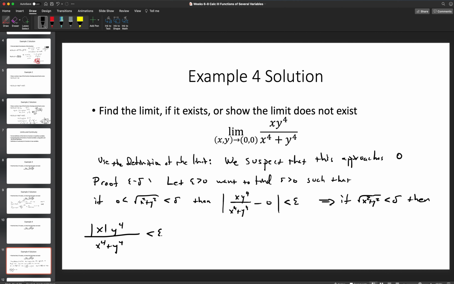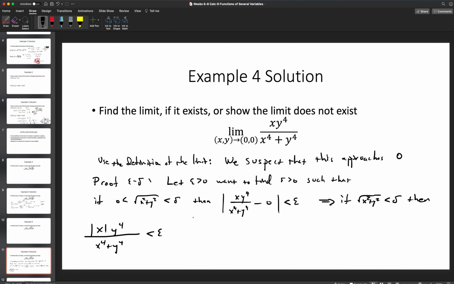the absolute value of the function is less than epsilon. We can do that because the square root function is always going to be positive. If x and y are both non-zero, then it's always going to be positive, so we can eliminate the 0 on the left-hand side of this delta here.